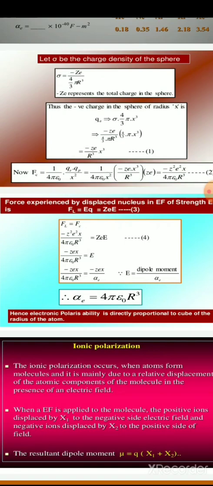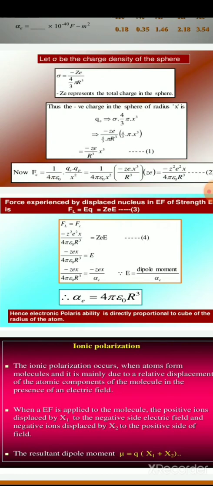If there is no Lorentz force, separation of positive and negative charges will not take place at all, so we should take the Lorentz force also. Lorentz force equals Fc. Minus Z square e square x by 4 pi epsilon naught r cube equals Ze into E. Minus Ze x by 4 pi epsilon naught r cube equals E, since the Ze on the left side and right side cancel.